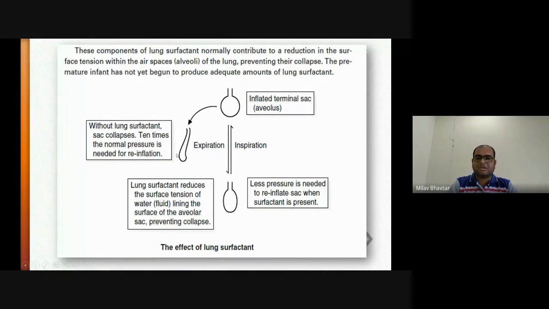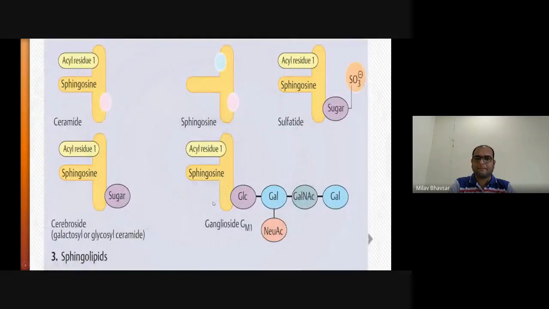If expiration happens without lung surfactant, both sides of the inflated terminal sac will bind with each other, and because of surface tension, it will not inflate again. So this is sphingolipids.